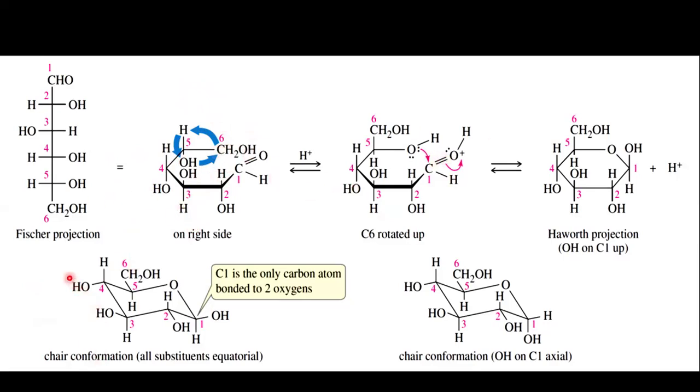And this is the chair form of the sugar that is going to be formed. You can see here that the hydroxyl group is in the equatorial position, and here the hydroxyl group is in the axial position. So this is your alpha D glucopyranose, and this is your beta D glucopyranose.